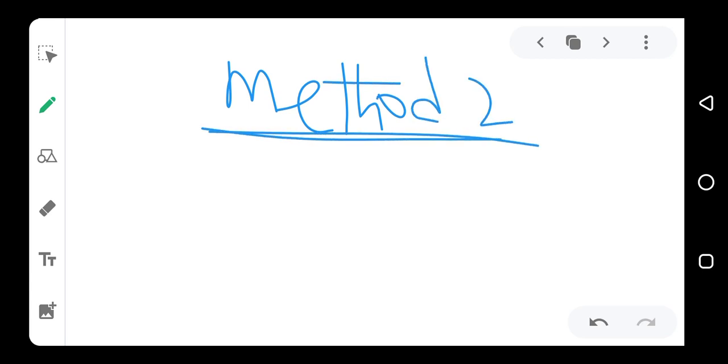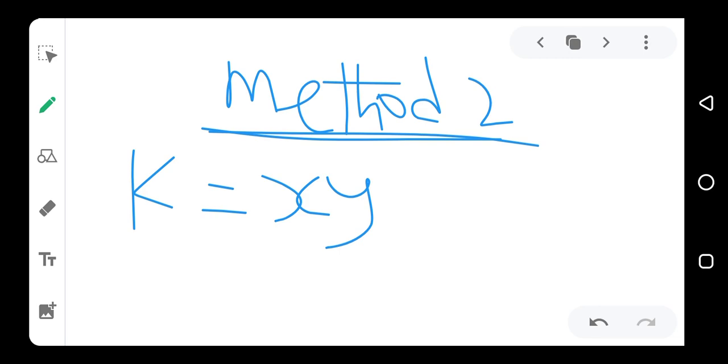Method 2, from the place we get to k equal to x, y. When you get to k is equal to x, y, now you put the value for the first x, that is x1 and y1, you put it here.